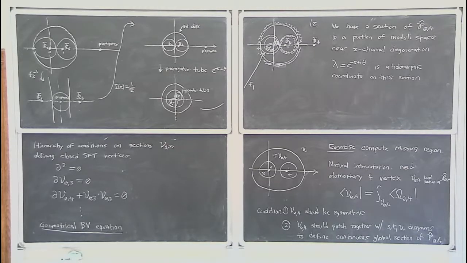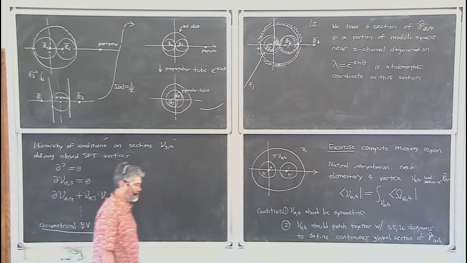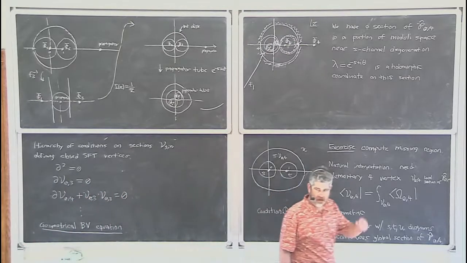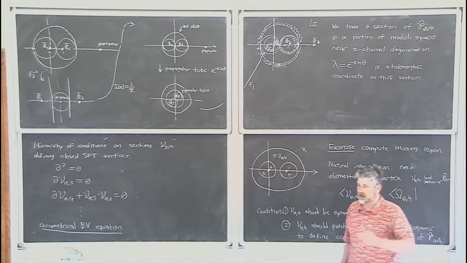As we were saying at the very beginning, the notion that you have a nonlinear object that's squaring to zero is really what determines the form of the theory. And this is the imprint of that statement at the geometrical level in terms of the sections of this fiber bundle over the moduli space. Okay.